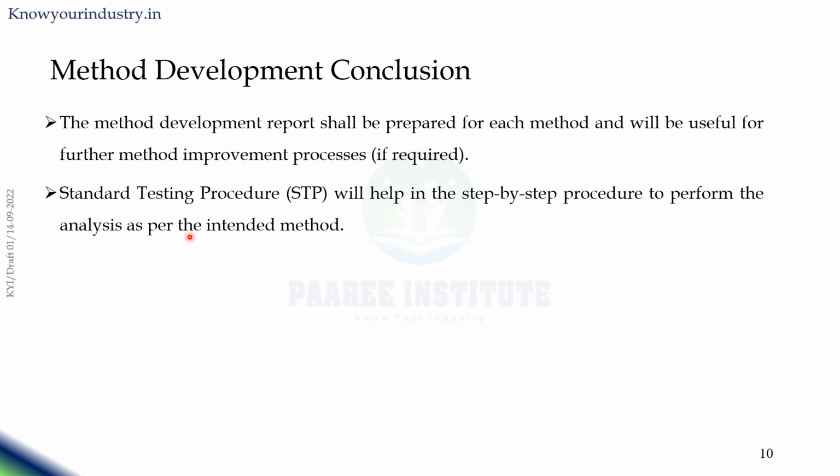And we also conclude with a standard testing procedure, which explains a step-by-step procedure to perform the analysis as per the intended method. So these are the two critical documents we generally prepare in the analytical laboratory once the method is developed, and before the validation, these documents are generated for the particular method.